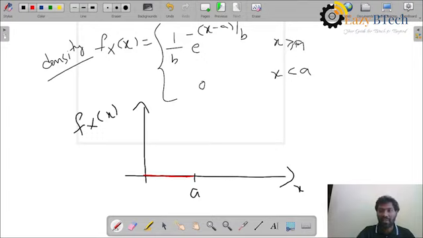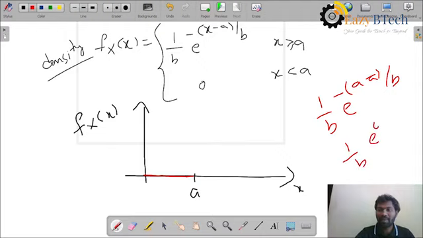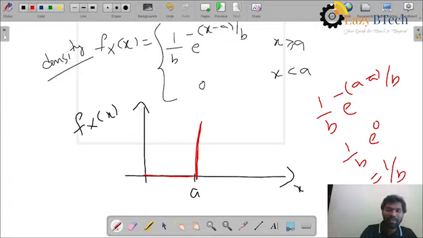If you put x equal to a, it becomes (1/b) e^(-(a-a)/b), that is (1/b) e^0, and e^0 equals 1, so the value is 1/b at x equal to a.